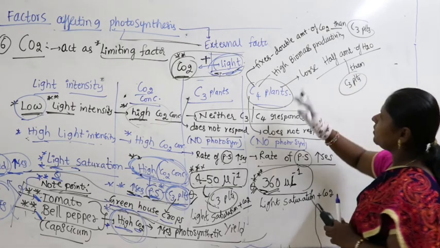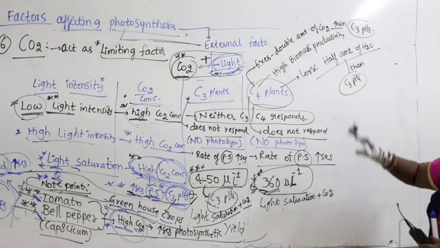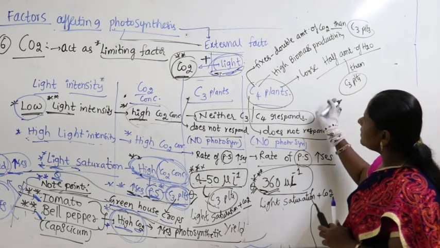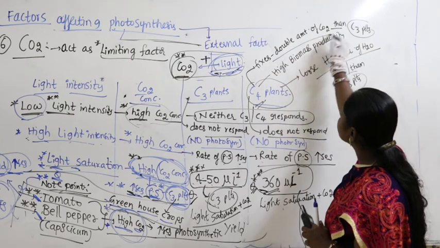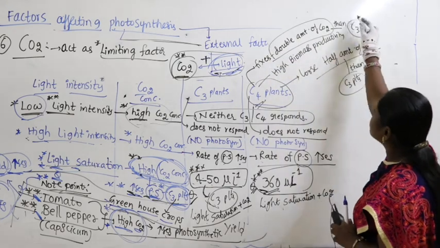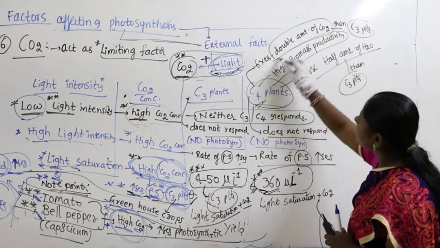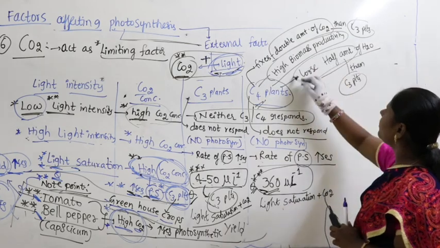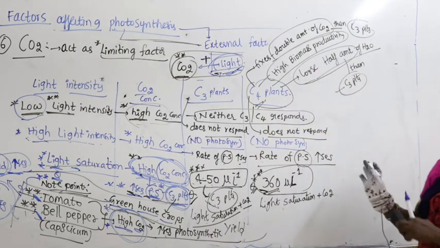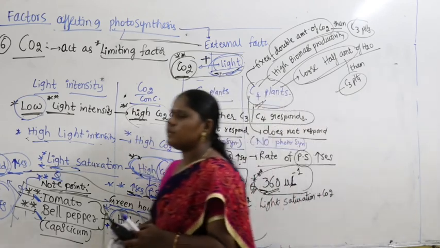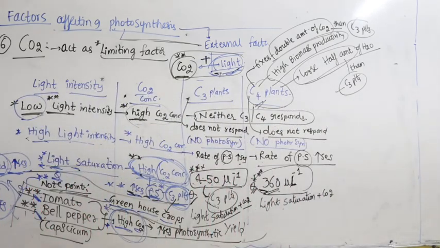These things are very important to recollect because we already discussed them in transport in plants. So, C4 plants always fix double the quantity of carbon dioxide than C3, they have high biomass productivity, and they lose only half the amount of water compared with C3 plants. You have to remember these things very importantly.